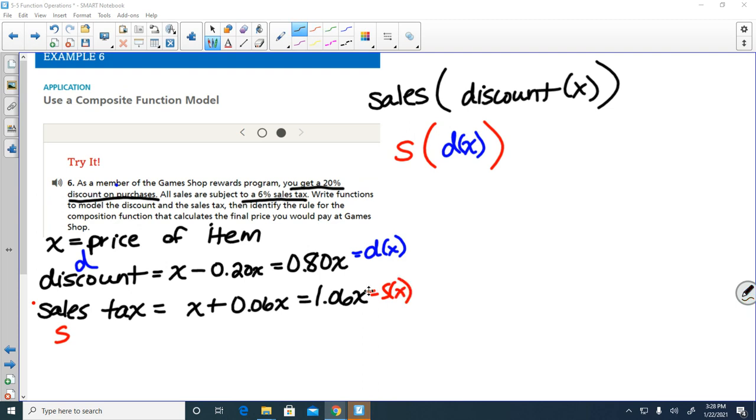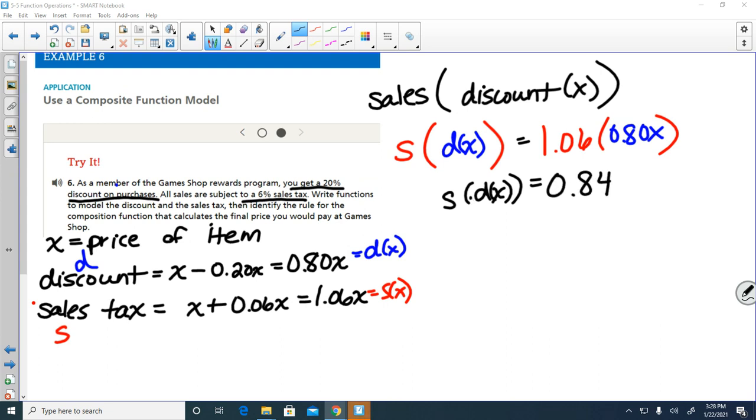Okay, so S of D of x equals, let's see, the sales tax function is 1.06 times x, but I'm going to put in the discount 0.80x. Then I can simplify that. So S of D of x equals, what's 1.06 times 0.8? 0.848 times the price of the item.